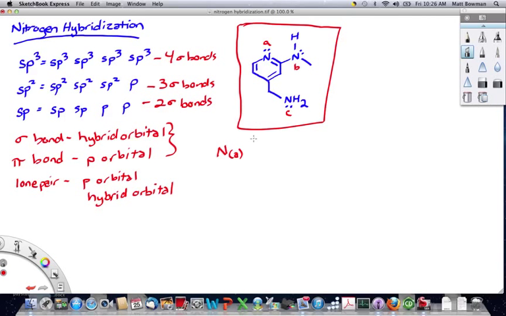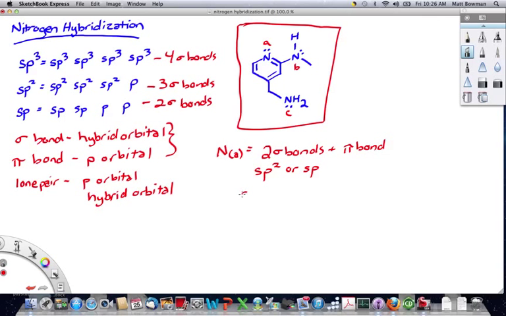Nitrogen A has 2 sigma bonds and 1 pi bond. So therefore, the possibilities are it can be sp2 hybridized, or it can be sp hybridized.